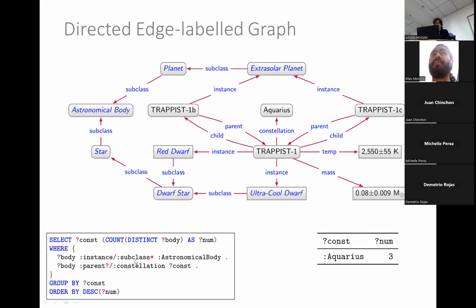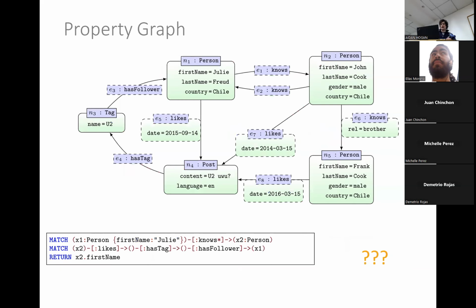This is this pattern here, where this says optionally 0 or 1 parent edge followed by a constellation edge. So here we see that TRAPPIST-1b, TRAPPIST-1, and TRAPPIST-1c will count. They're all counted as within Aquarius, and they're all instances of something that's recursively a subclass of astronomical body. And we can express these queries relatively straightforwardly in graph query languages.